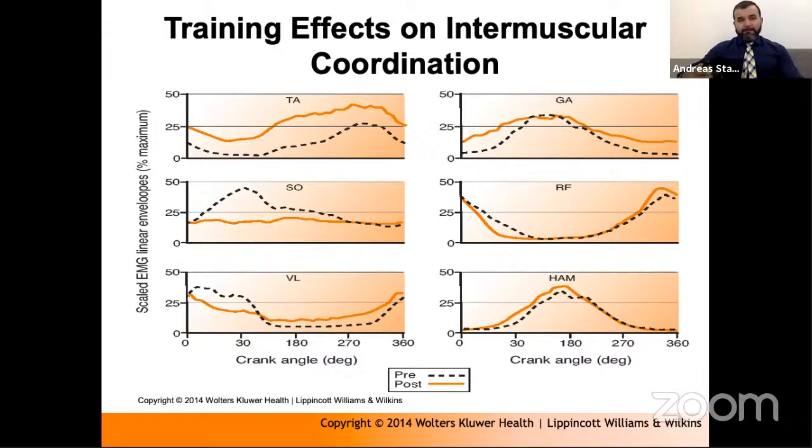Very different the post, right? Vastus lateralis, very different. Rectus anterior, very different. So our body, as we keep doing the same activity, it learns. Neuromuscularly, we coordinate differently, and you can see it here. Okay? Hamstrings, not so different.